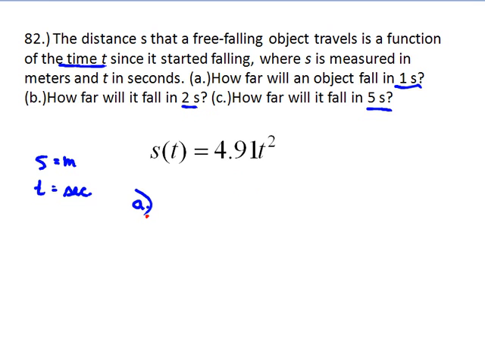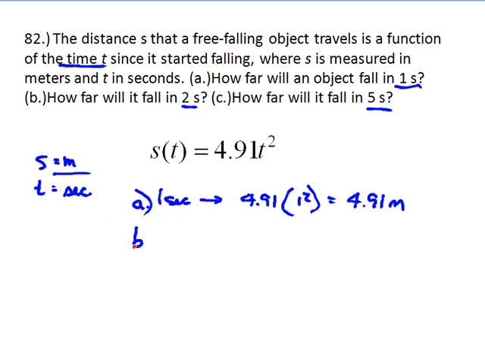Let's try it for 1 second. So we have 4.91 times 1 squared should give us 4.91, and we said it was in meters.